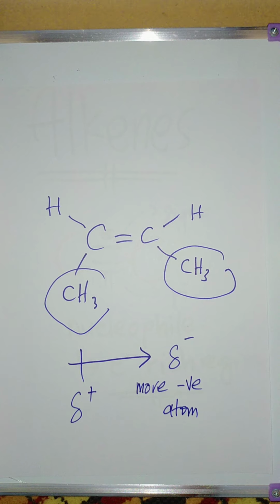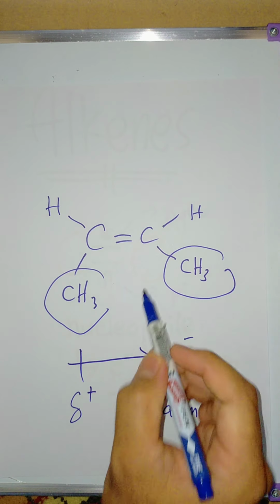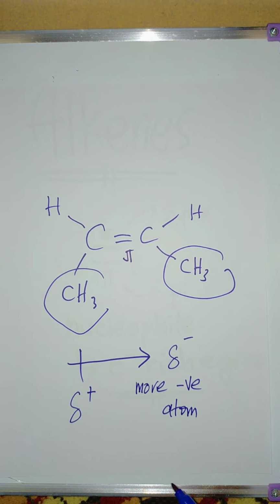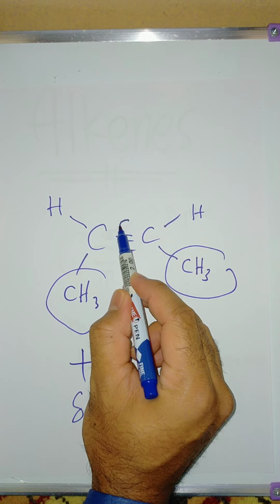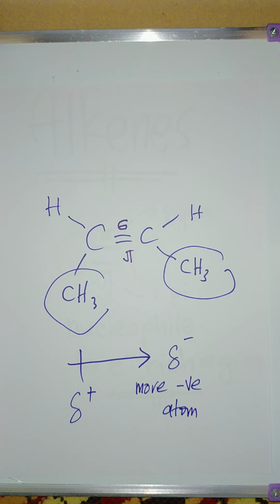The electrons in the pi bond are loosely held, so it is easy to break while the sigma bond remains intact. So what does it mean? The pi bond electrons here really like to react, as I told you earlier, it is an electron rich region. Meanwhile the sigma bond here will still remain. Remaining intact means it is very strong, while the pi bond is easy to break.